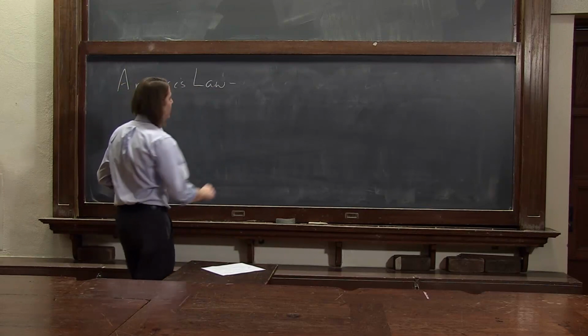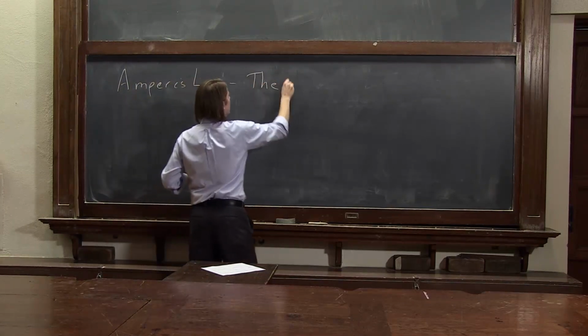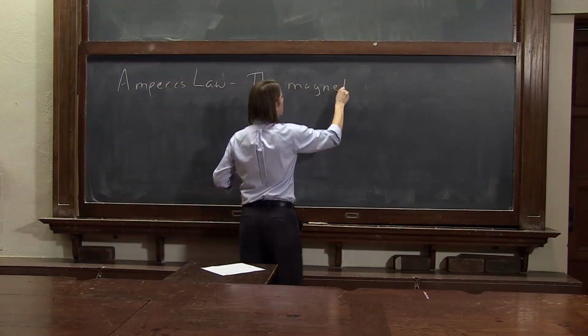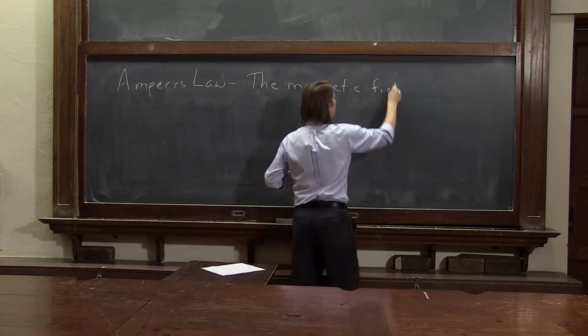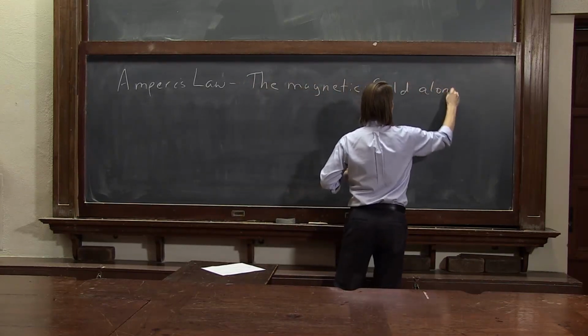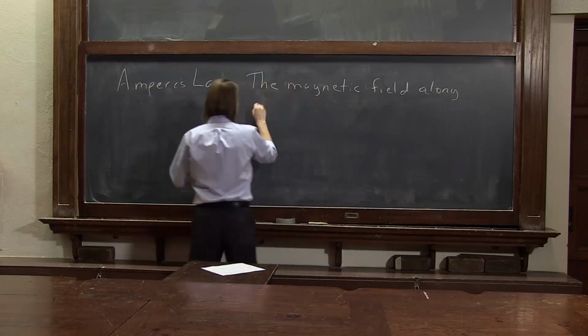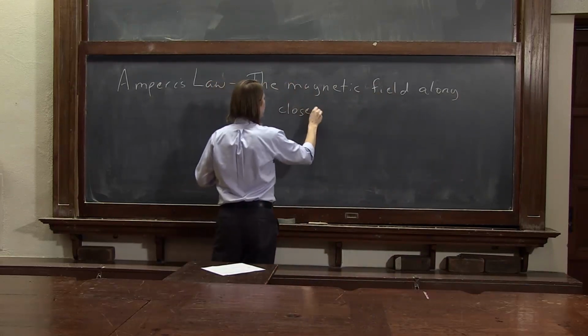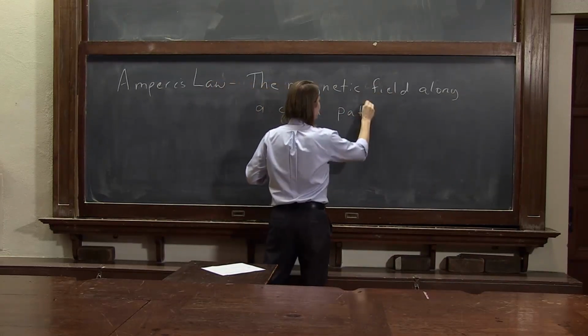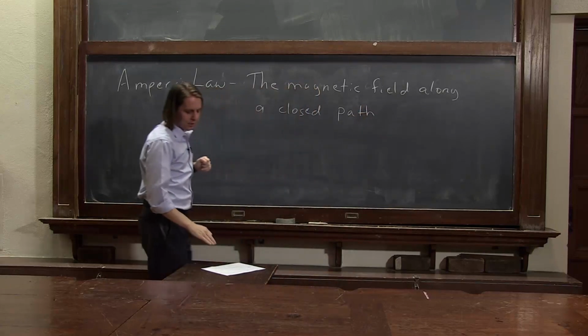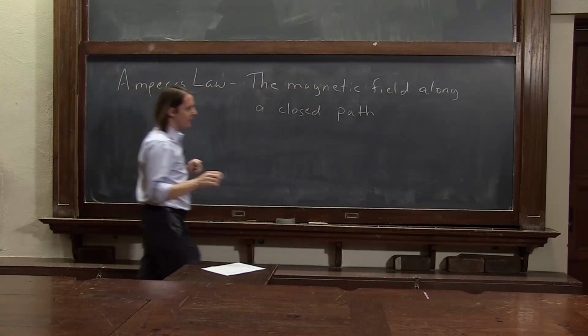So here it is. The magnetic field along a closed surface, a closed path, sorry. The magnetic field along a closed path equals mu naught.